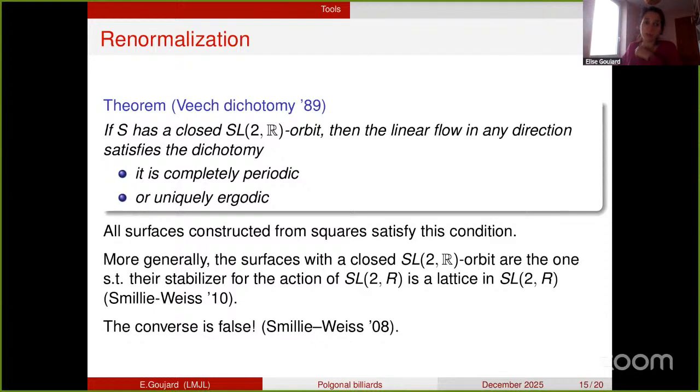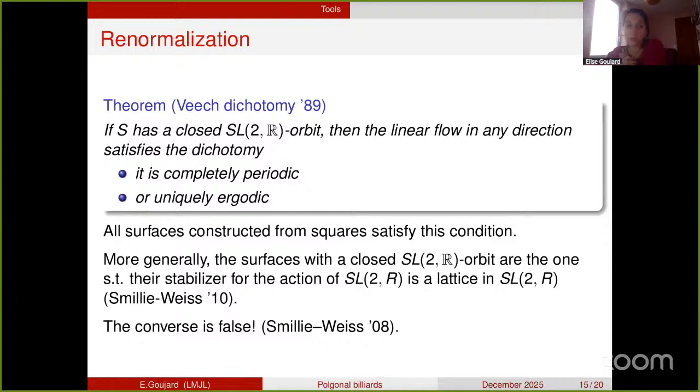The same dichotomy that you get in the rectangle. And it also gives a family of examples. For instance, all surfaces constructed from squares, where you glue several squares together by translation, satisfy this condition. It's pretty natural.